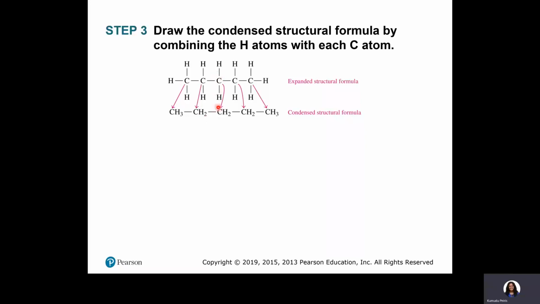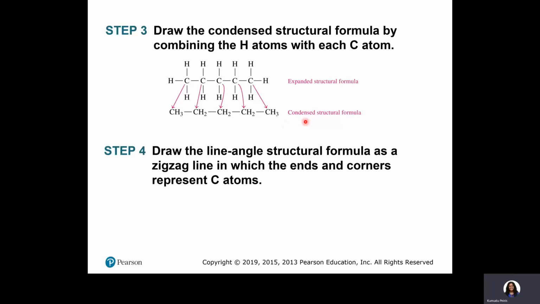Next, again CH2, again CH2, and the end has again 3 hydrogens on that carbon, so that is CH3. CH3, CH2, CH2, CH2, CH3 is the condensed structural formula for pentane.